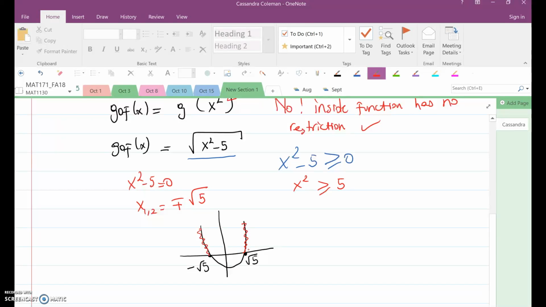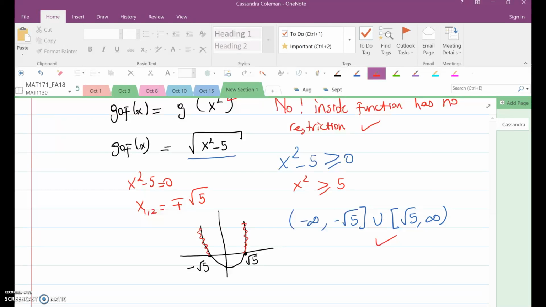Okay, so we don't want x to be between negative square root of 5 and positive square root of 5, and the way we are going to write down this domain, negative infinity till negative square root of 5 union square root of 5 to positive infinity. I made a mistake here, so I need to include those. Okay, so that will be the answer for the domain of g of f.